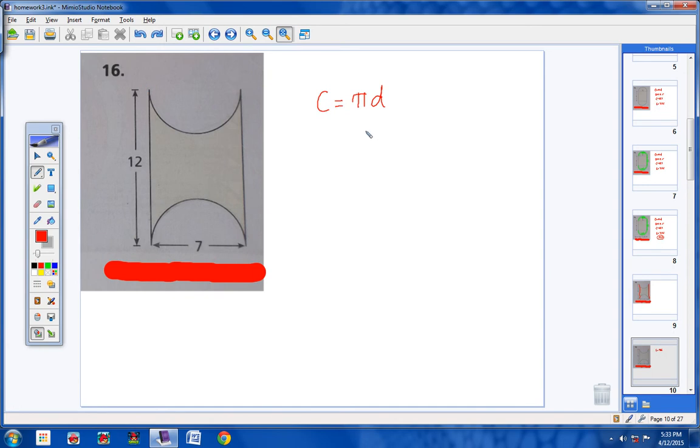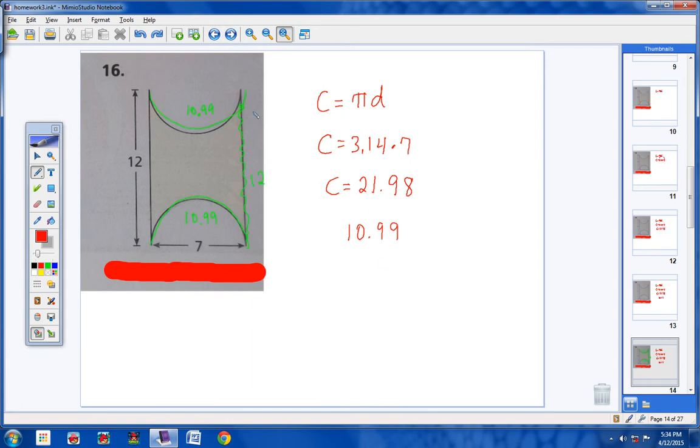So circumference equals pi d. For pi I'll put 3.14, and for my diameter I'll put a 7. When you multiply 3.14 times 7, you get 21.98. That's the circumference around this entire circle, but I just want half of the circle. So I'm going to take 21.98 divided by 2 and get 10.99.